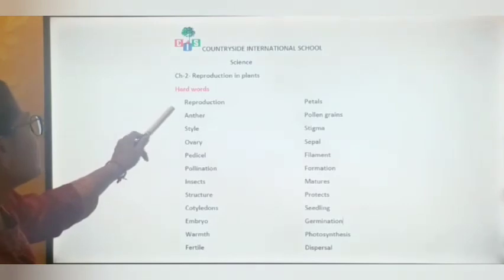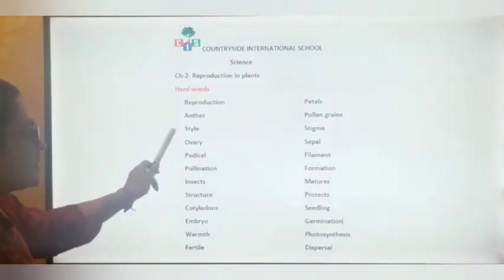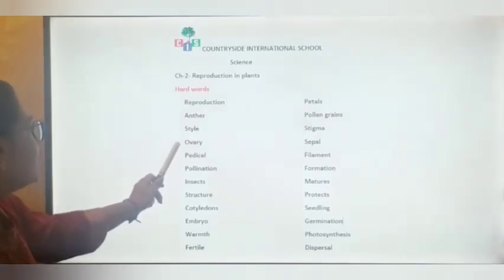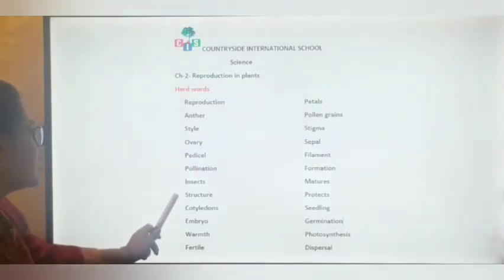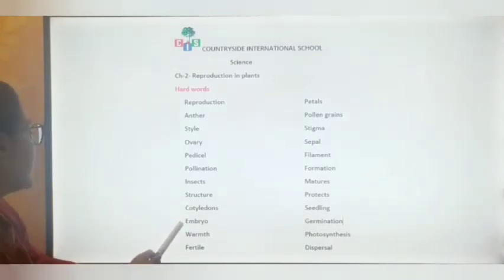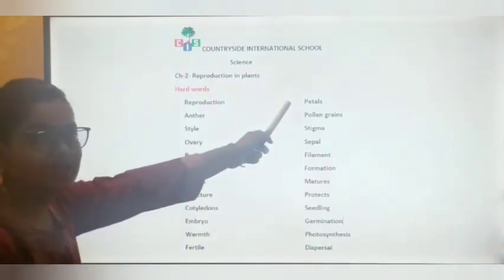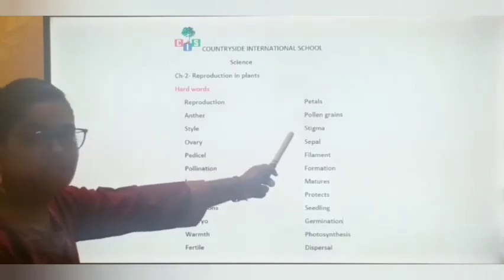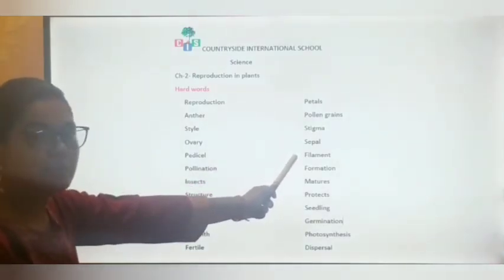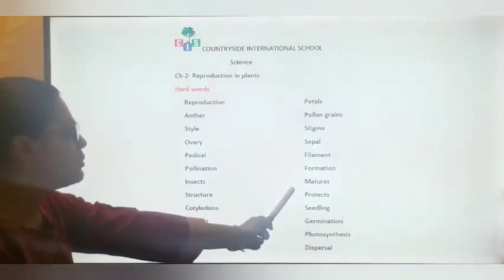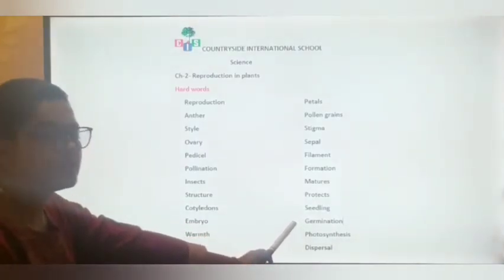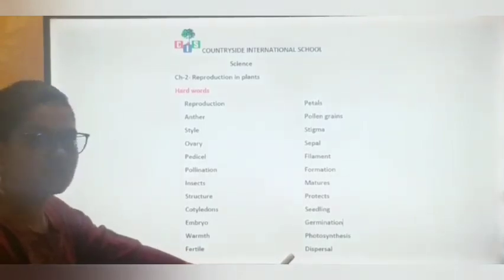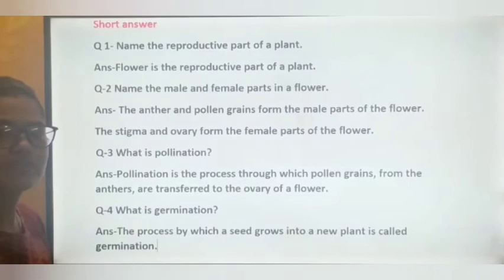The first word is reproduction, anther, style, ovary, pedicel, pollination, insects, structure, cotyledons, embryo, warmth, fertile, petals, pollen grains, stigma, sepal, filament, formation, matures, protects, seedling, germination, photosynthesis and dispersal.